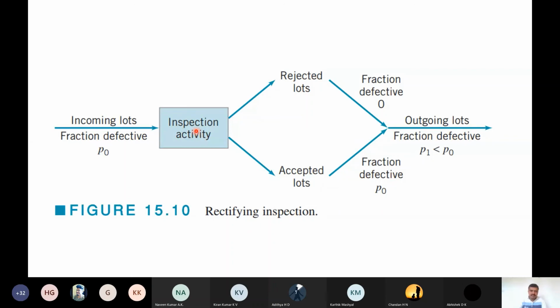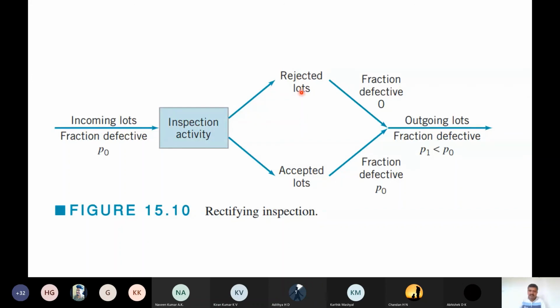When the inspection activity is performed by the consumer, a few lots will be rejected and most of the lots will be accepted based on the sampling plan. For a particular fraction defective, we will have a particular probability of acceptance based on the OC curve. Next, accepted lots will become outgoing lots because these are accepted by the consumer.